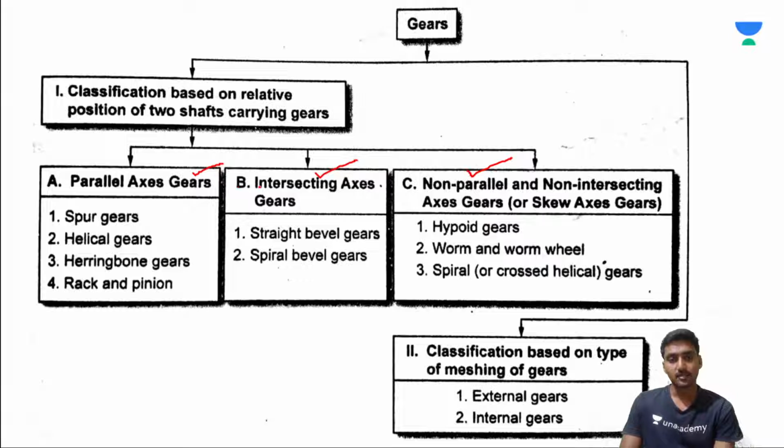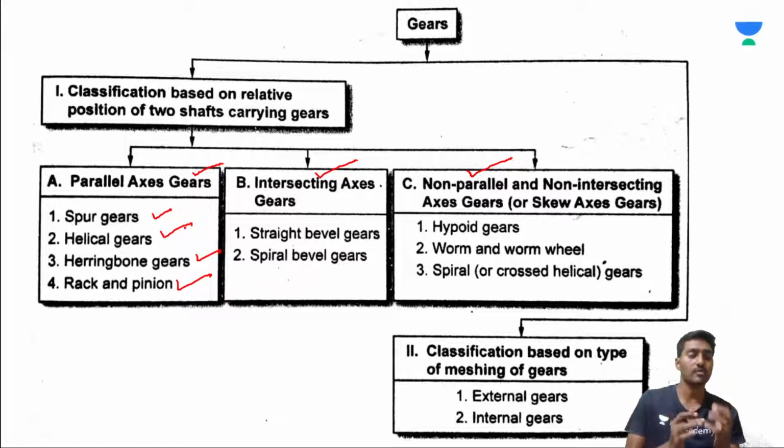Is it clear now? Parallel axis gears, I will show you. Parallel axis gears: spur gears, helical gears, herringbone gears, rack and pinion. I will show you the difference between these four gears and what significance we get in the applications. Then intersecting axis gears: straight bevel gears, spiral bevel gears.